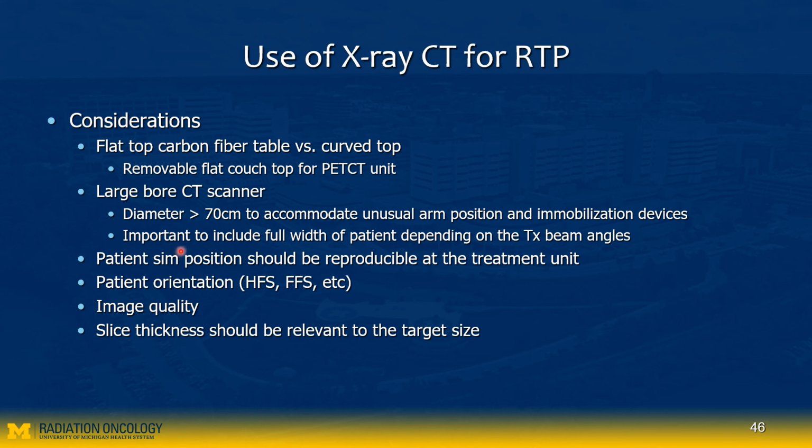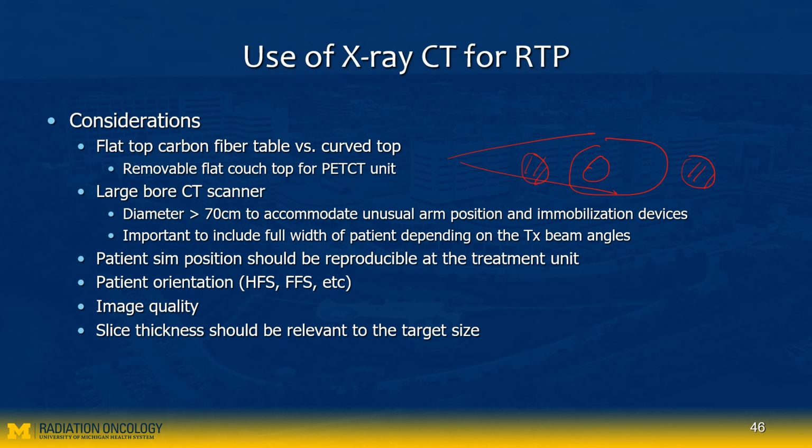The other aspect is that it is important for us to include the full width of the patient extension. Why? Because we need to calculate the dose for treatment planning. If we have a patient with arms and the patient cannot raise their arm, but we have to treat lung, for example, we have to acquire the arm to know where it is.